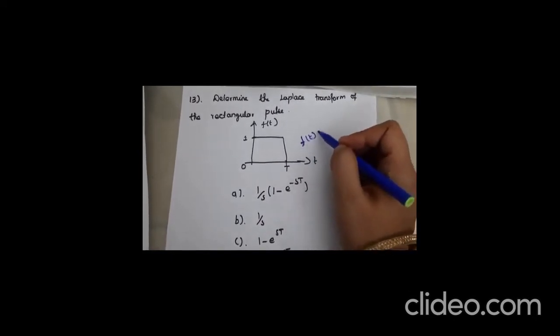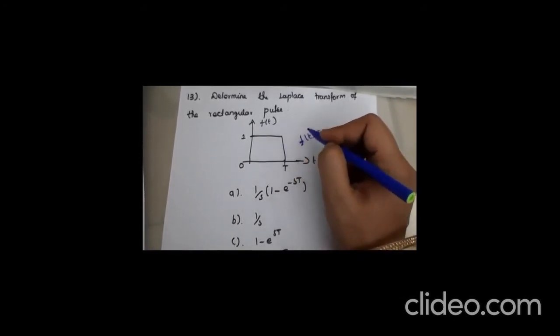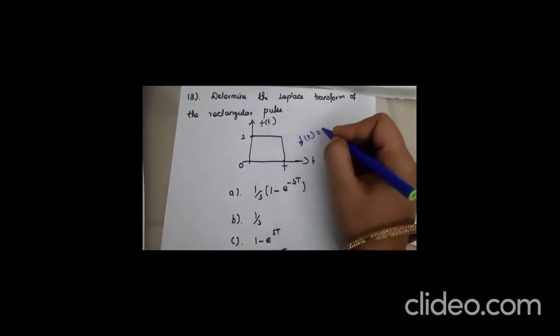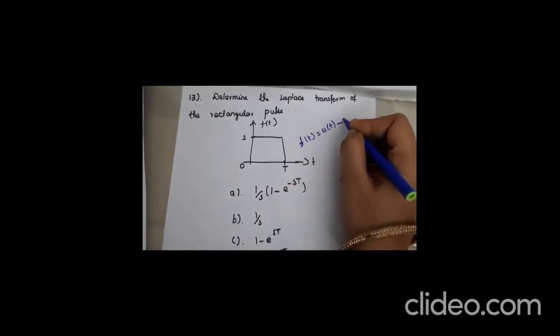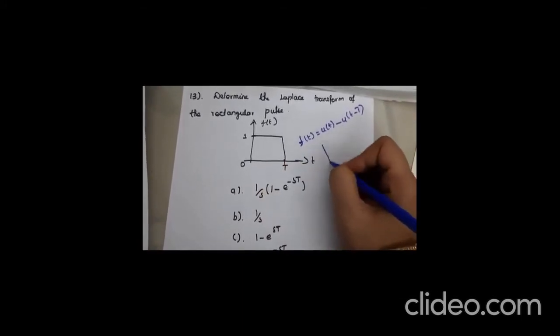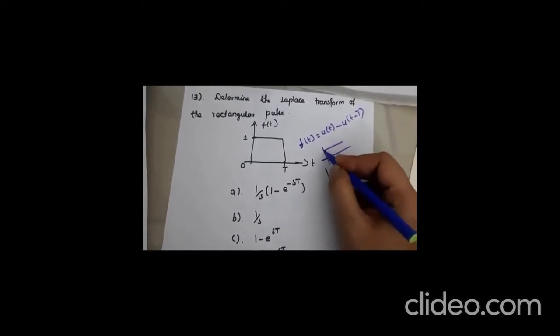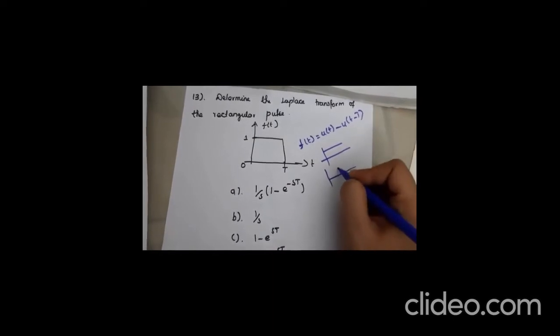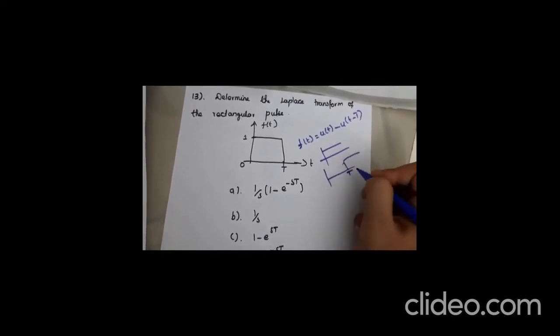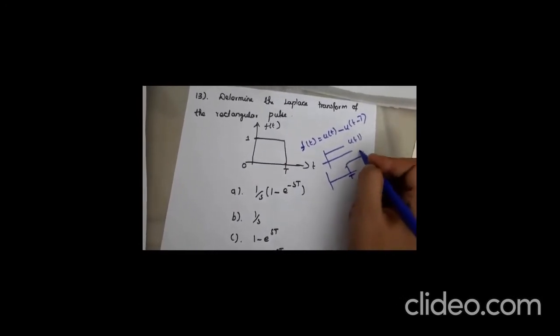Here f of t is equal to, if you take this as a unit signal, u of t minus u of t minus T. Consider this is the u of t signal, and this is the u of t minus T signal. If you subtract these, we will get this signal.